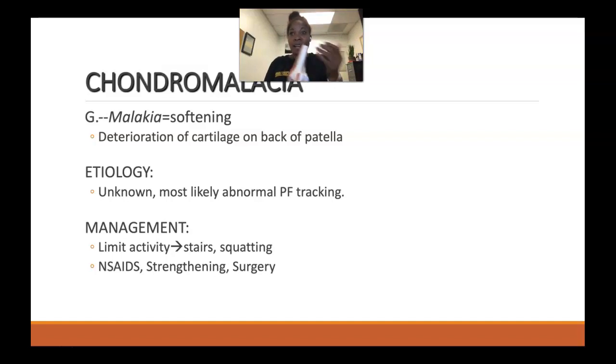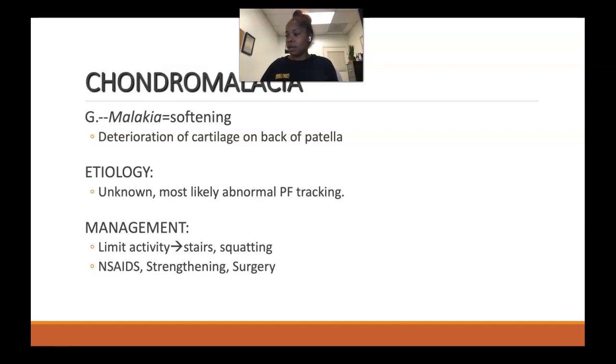But if you're at a campus that has stairs and hills, then there's not quite much that you can do except for maybe putting that patient in a knee brace to help them get through, or putting them on crutches, right? Which isn't ideal either for a hilly or a stair-based campus. And then, like every knee pathology that has swelling, so bursitis, for example, NSAIDs are going to be good to reduce the inflammation, and strengthening.